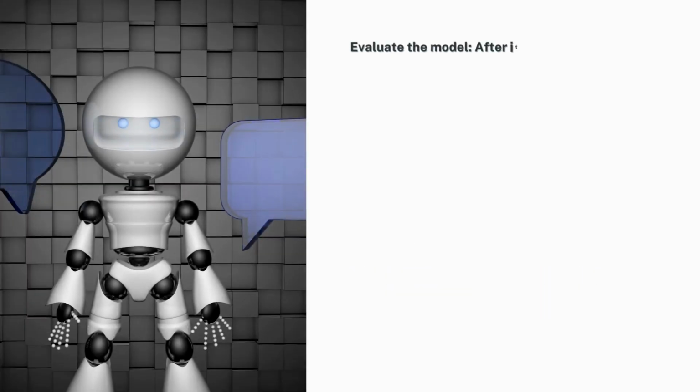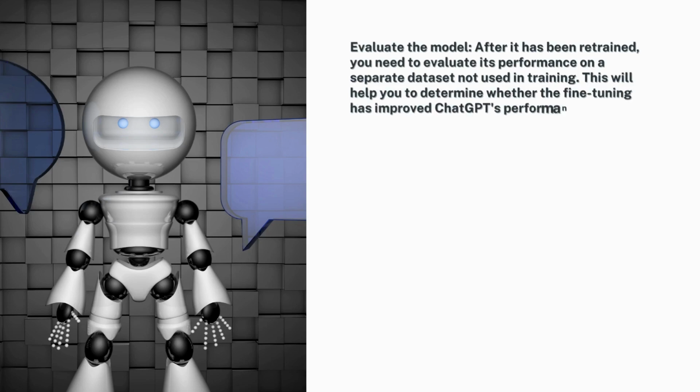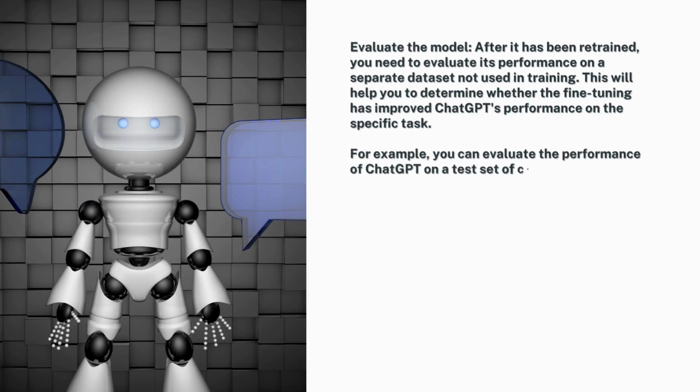Evaluate the model. After it has been retrained, you need to evaluate its performance on a separate dataset not used in training. This will help you to determine whether the fine-tuning has improved ChatGPT's performance on the specific task. For example, you can evaluate the performance of ChatGPT on a test set of customer queries and see how accurately it generates responses.